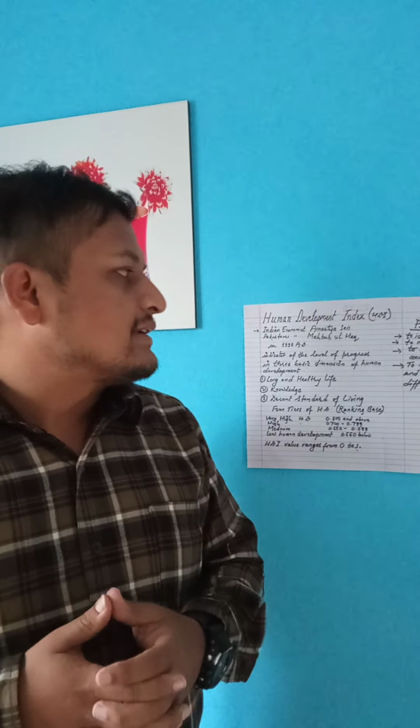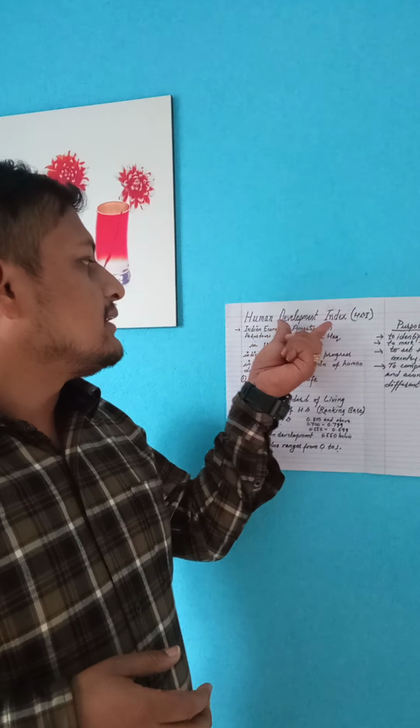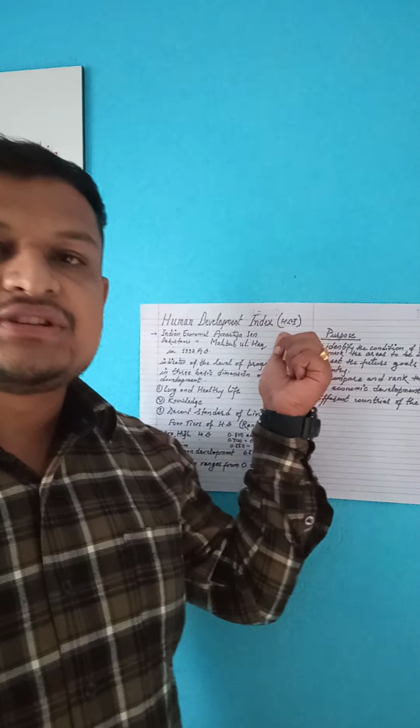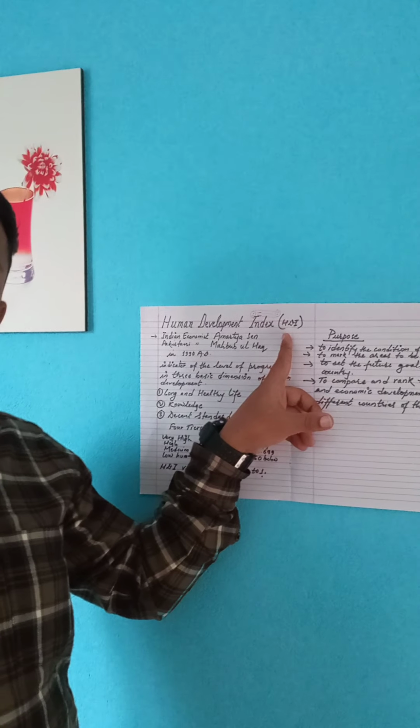There are various levels of human development in and around the world, and on the basis of that, countries have been ranked into different levels. To know about rankings, we have to know about the Human Development Index, which in short is known as HDI.